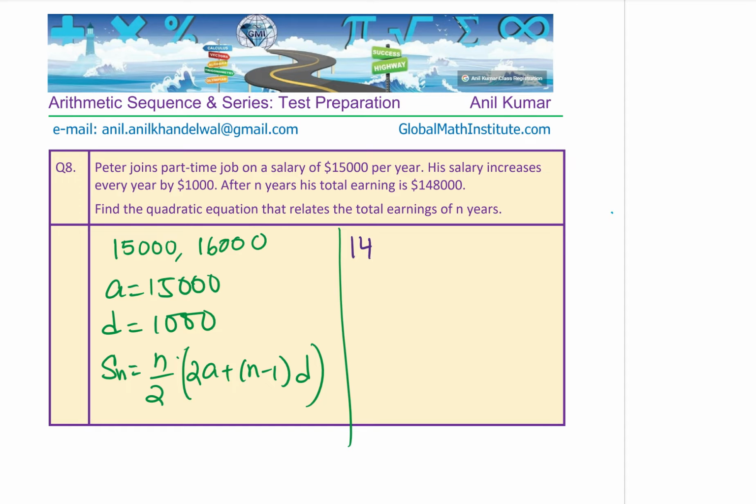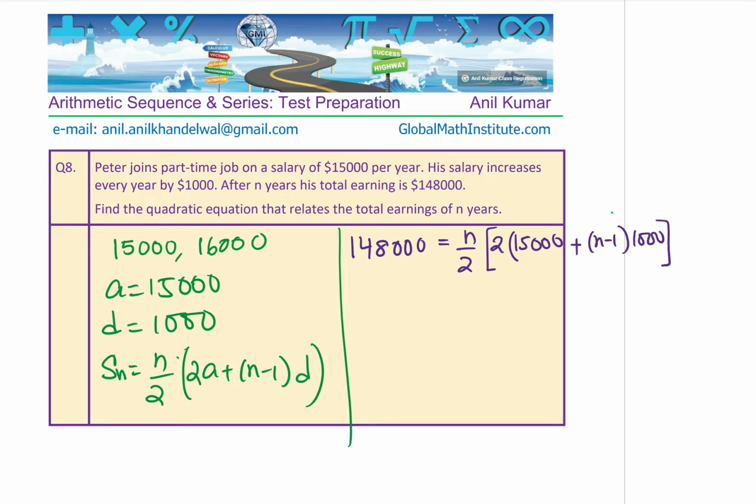Total is 148,000, right? Equals n divided by 2, and we have 2a, that means 2 times 15,000 plus n minus 1 times 1,000. Correct. So we can actually cross multiply.